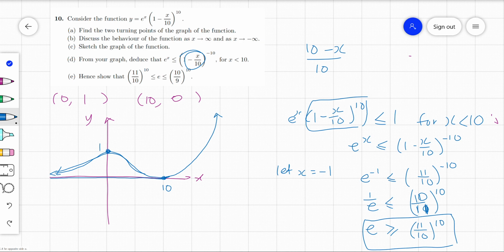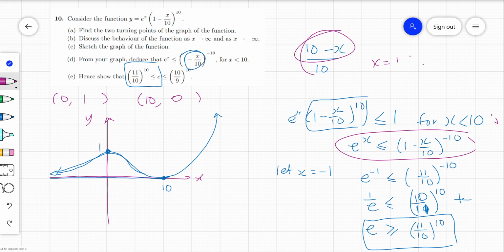Taking reciprocals of positive numbers, I get that, which gives me this part of the inequality. So I also need a 10 on 9. So if I maybe make x equal 1, that gives me a 9 on 10. We'll start with that. So back into here, I've got e to the 1 is less than or equal to 1 minus, so 9 on 10. Is that right? To the minus 10.